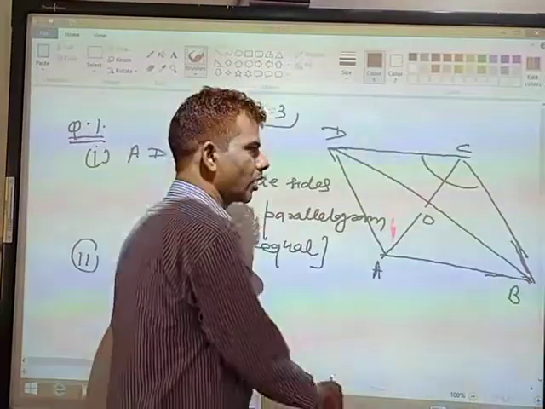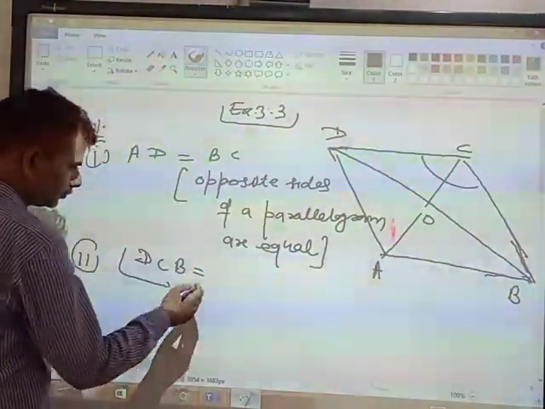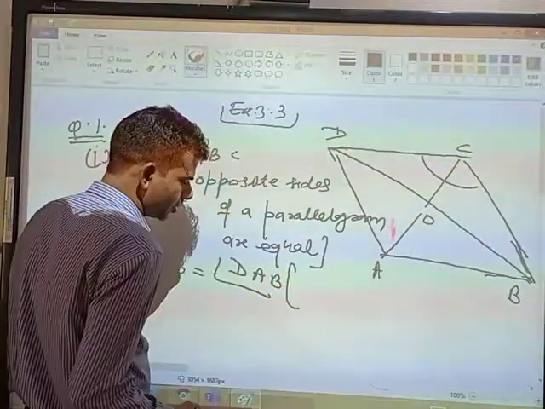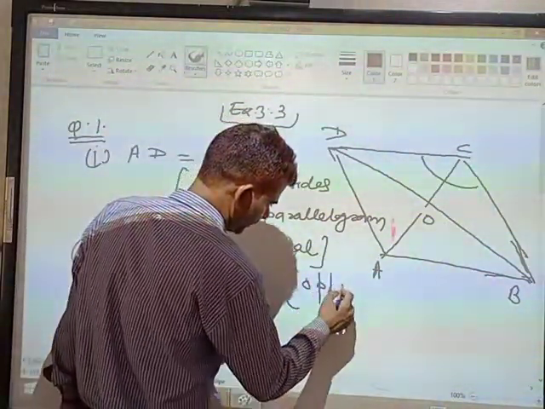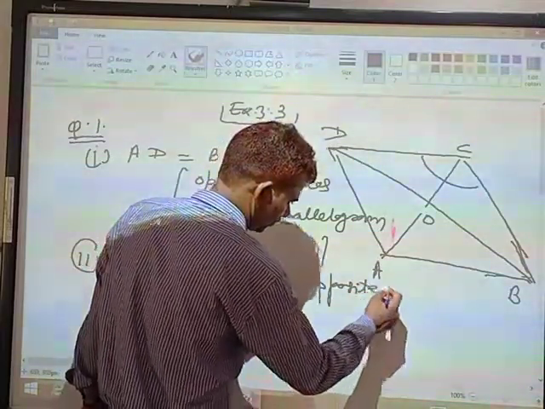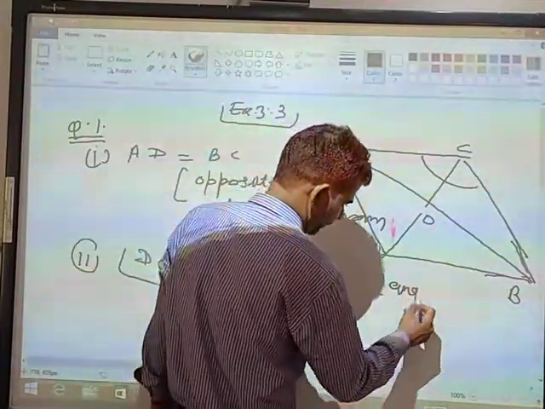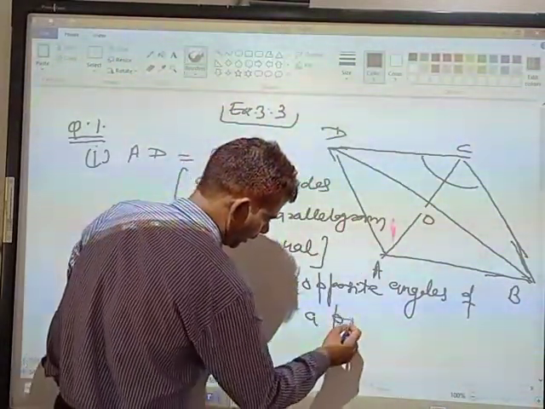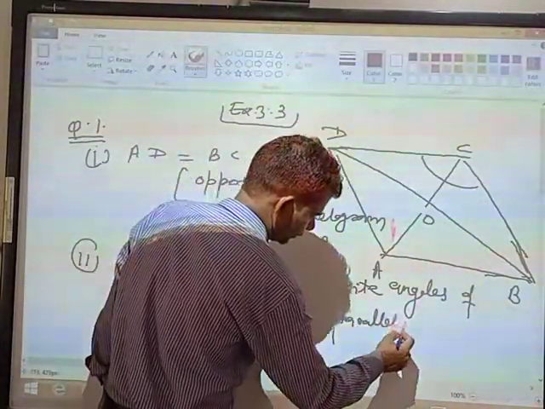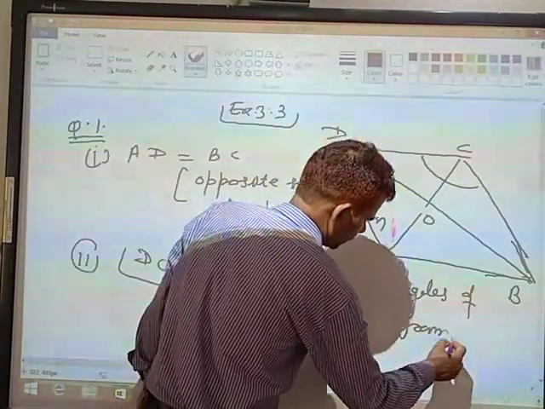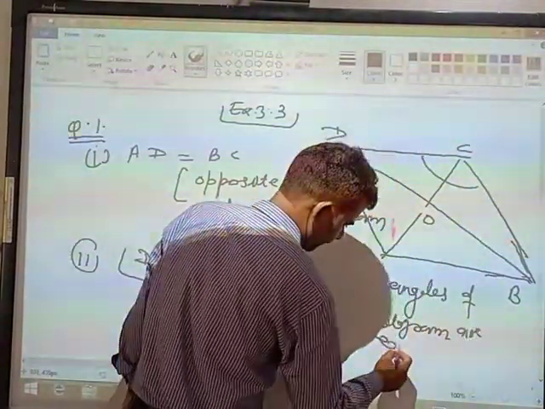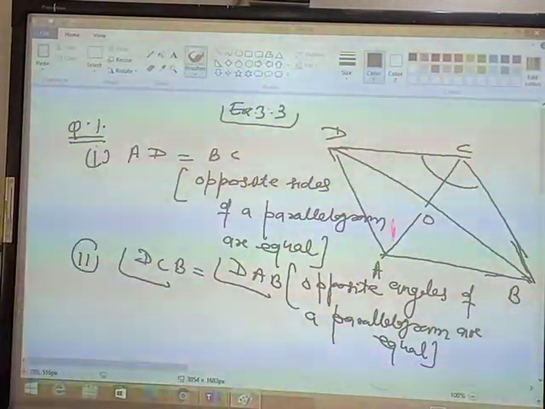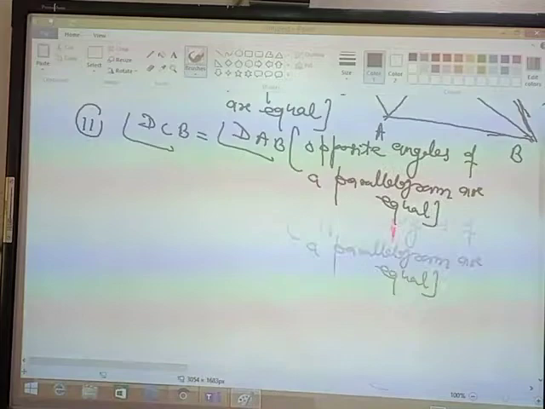Opposite angles of a parallelogram are equal. Please note it down. Students, any doubt, any problems?